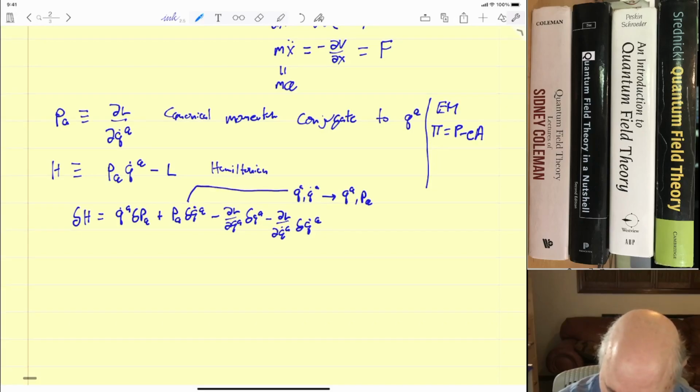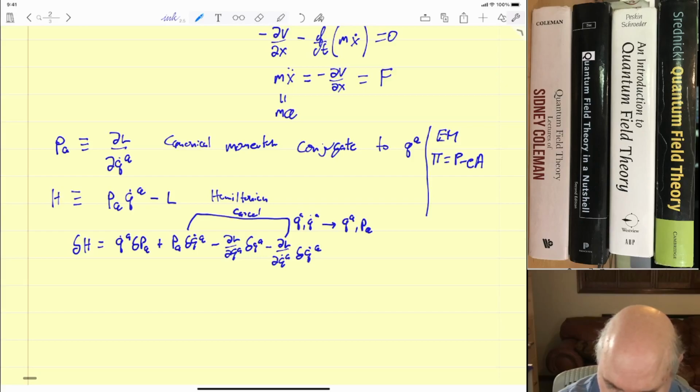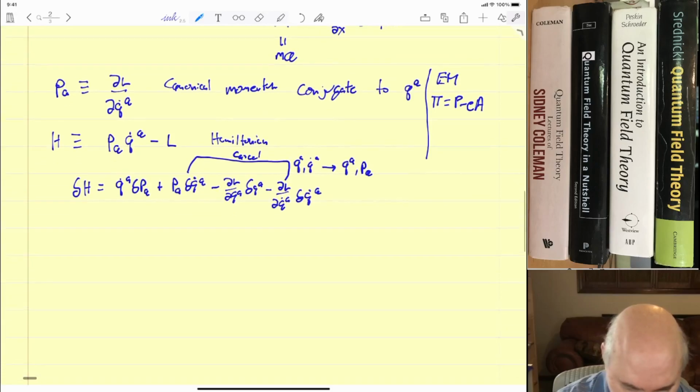This term and this term cancel, because PA, remember I defined it right here, PA is the partial of L with respect to Q dot A. So these two terms cancel, and we're left with these two terms. The only variables we have left are del QA and del PA. So we've made the switch to here.